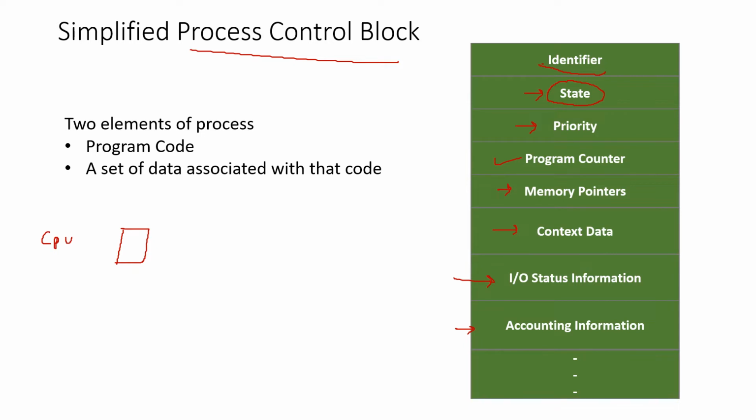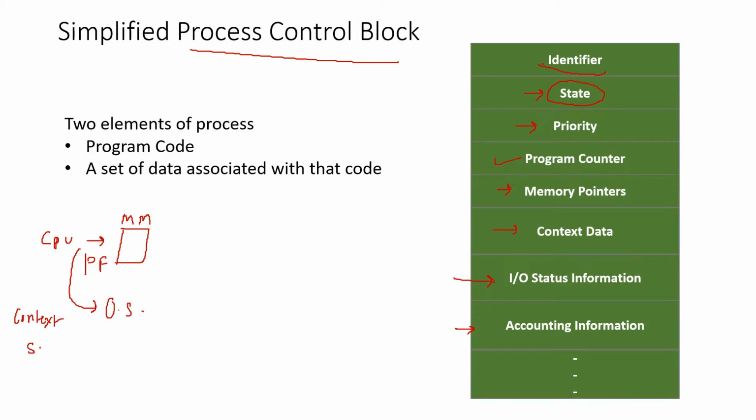The CPU first searches main memory for a particular page. If the match is found, then no problem, it's a hit. But if the match is not found, then a page fault will occur and the control will go to the operating system. At that time I had mentioned one term, context switching.